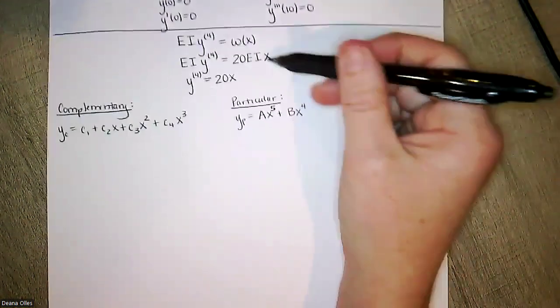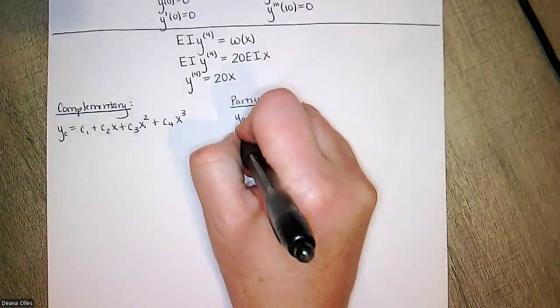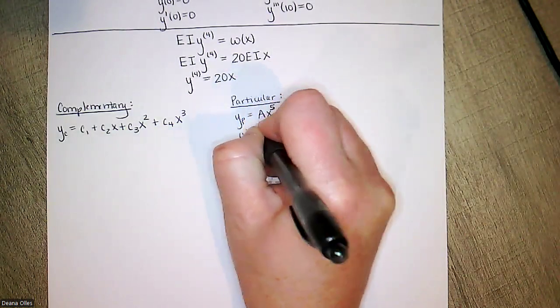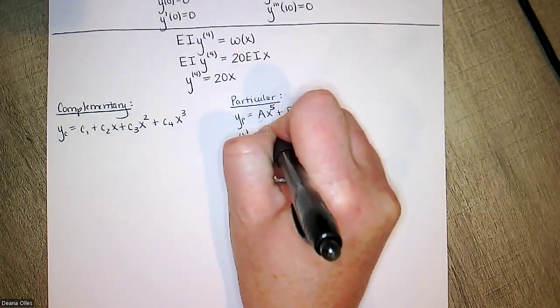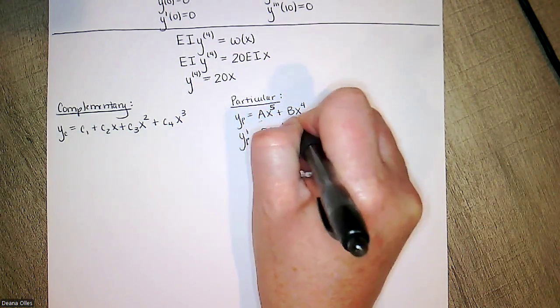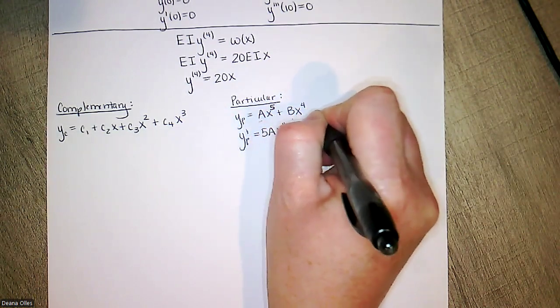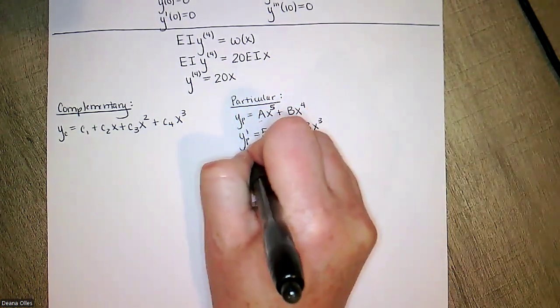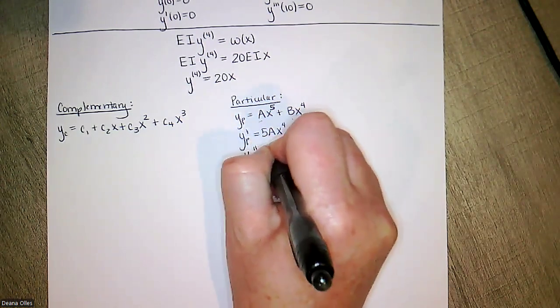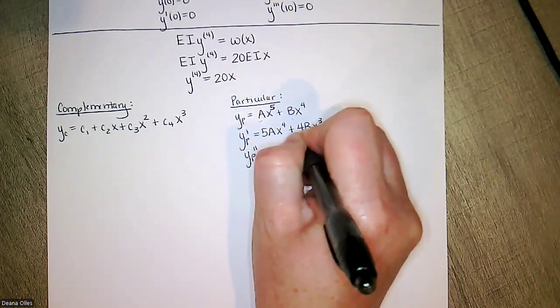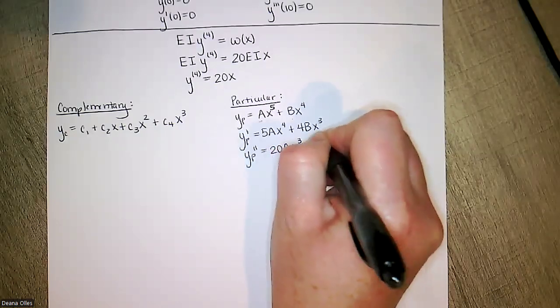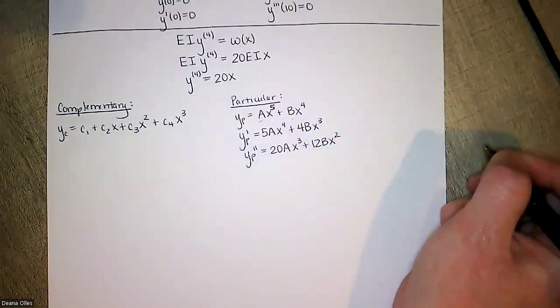All right, and same thing, we need four derivatives of this. So yp prime will be 5ax to the fourth plus 4bx cubed. Yp double prime will be 20ax cubed plus 12bx squared.